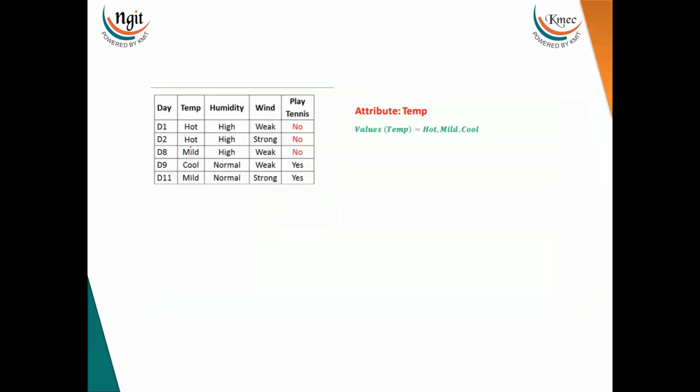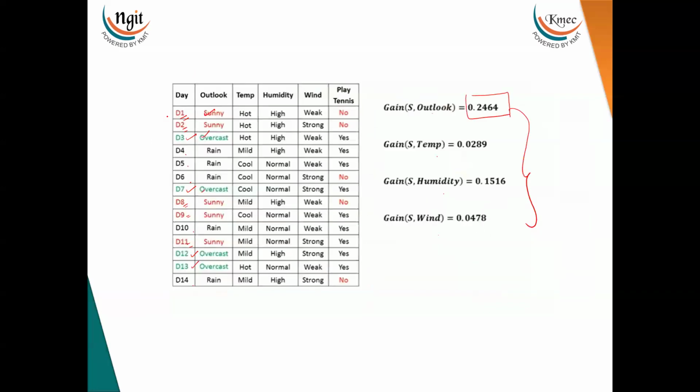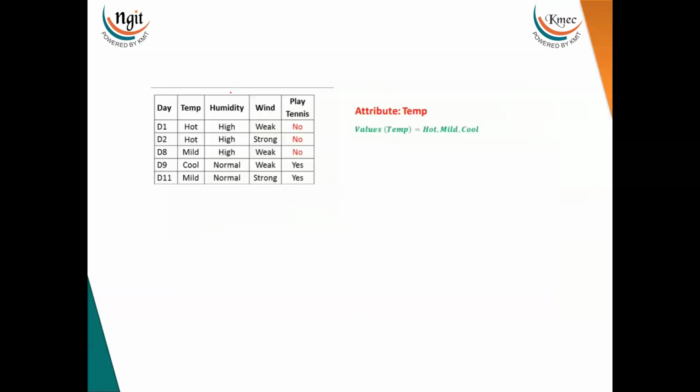That only I have taken here, removing the outlook attribute: temperature, humidity, wind, play tennis. For D1, whatever the values are, I have written them over here. Similarly for D2, from the existing data set, we have constructed this small data set for these values.